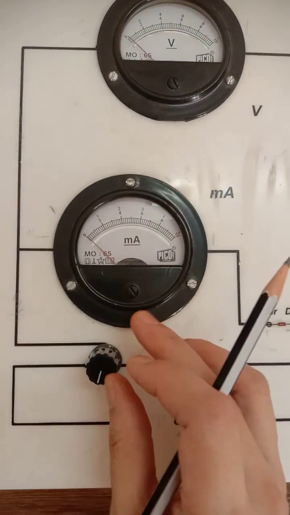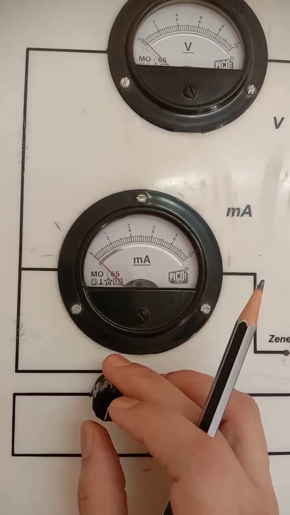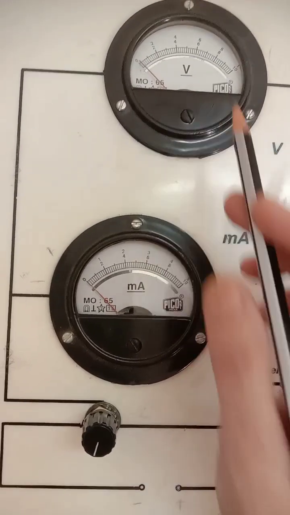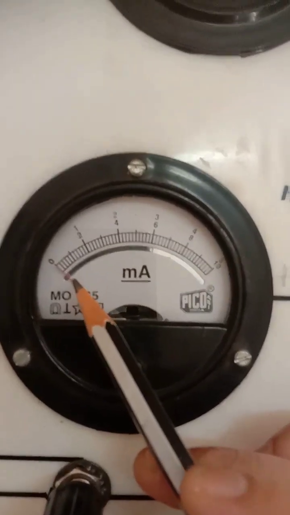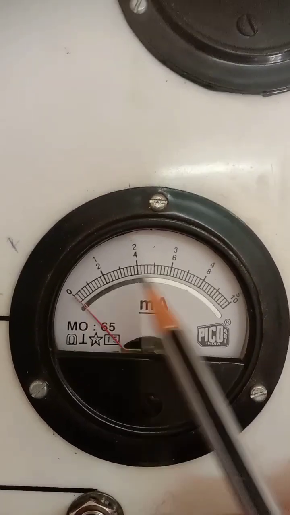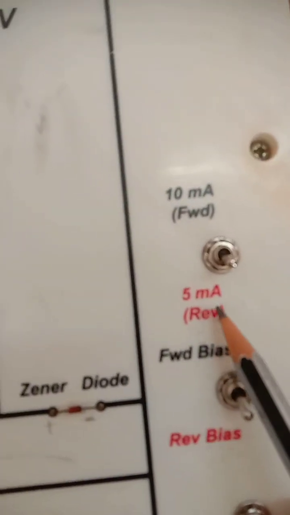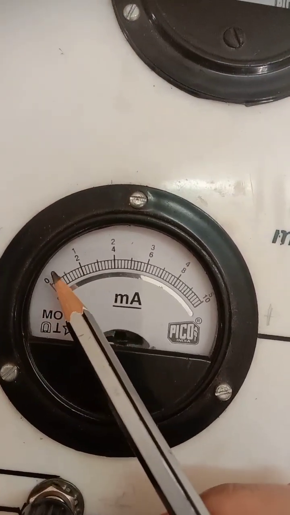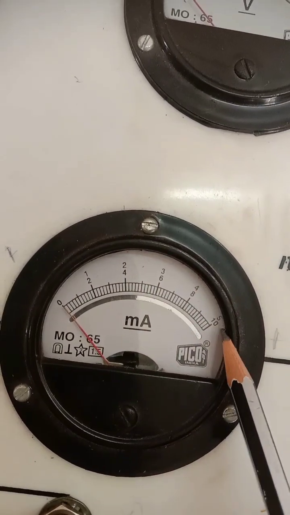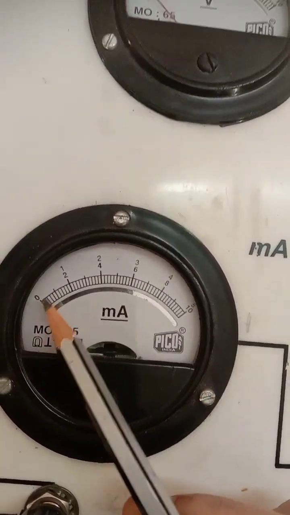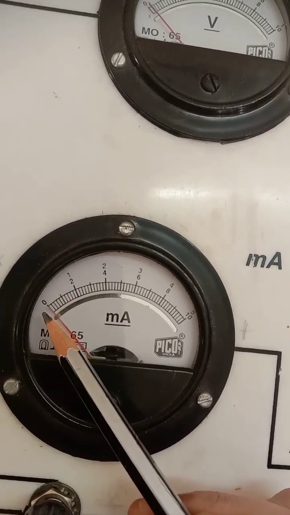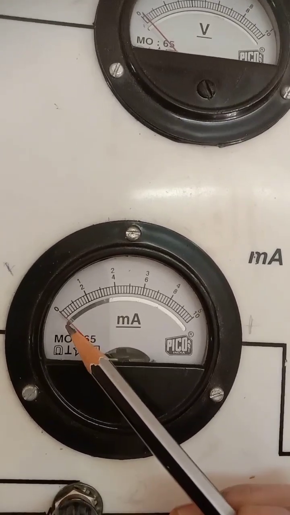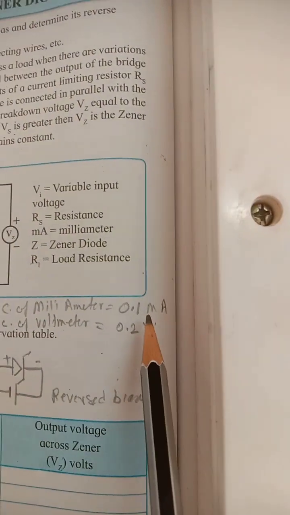Now we are going to change the voltage. We have to change the current value, and we have to measure the output. Before we do that, we should know the least count of this milliammeter. For the milliammeter, the scale is 5 milliampere. So we are going to use the scale written above this milliammeter. From 0 to 1 there are 10 divisions, so the least count of this milliammeter is 0.1 milliampere.